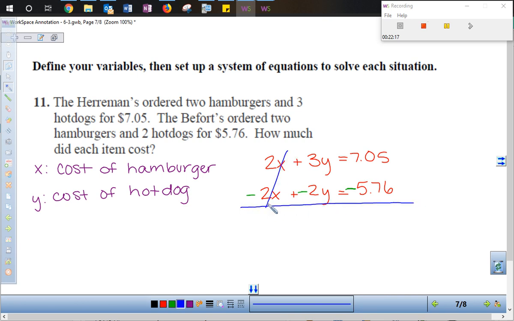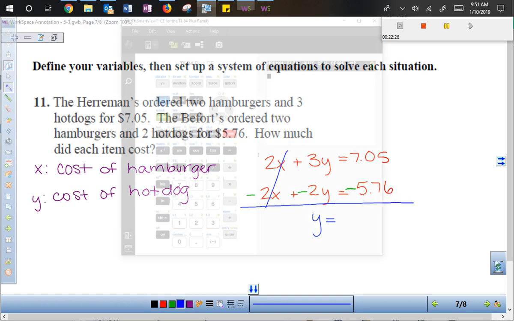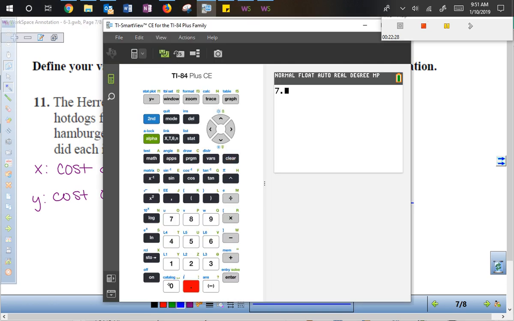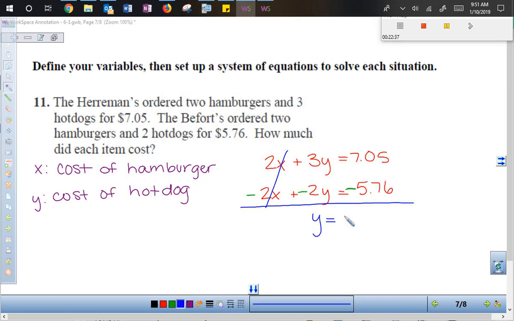So the 2 x's will cancel out, 3y and -2y is going to give me 1y, and then 705 minus 567, I can do that in my calculator. And that's going to give me $1.38.